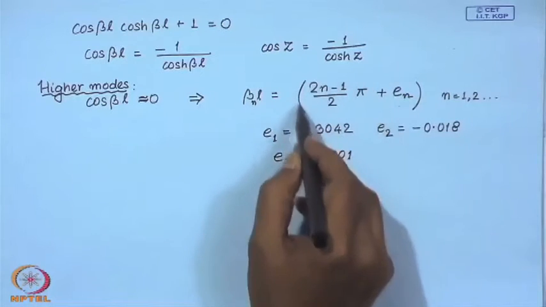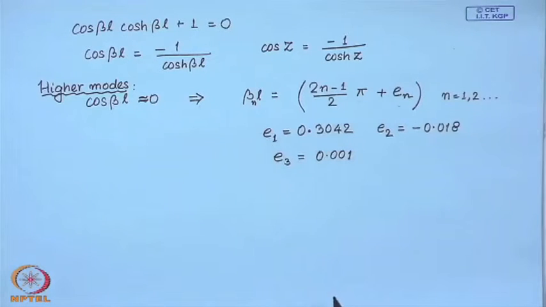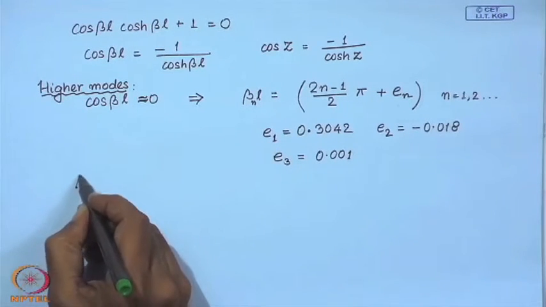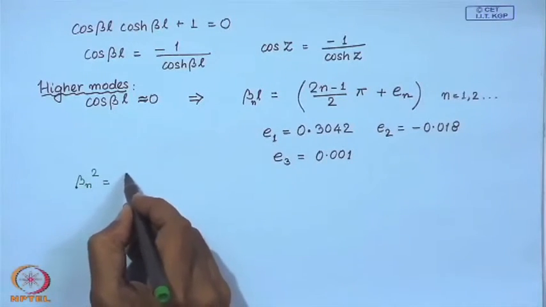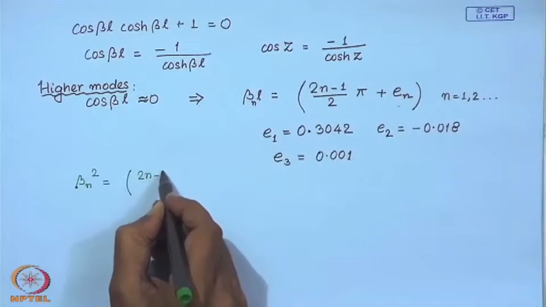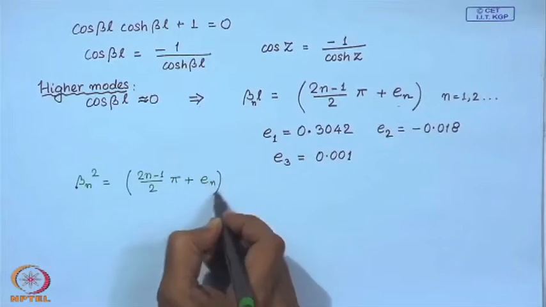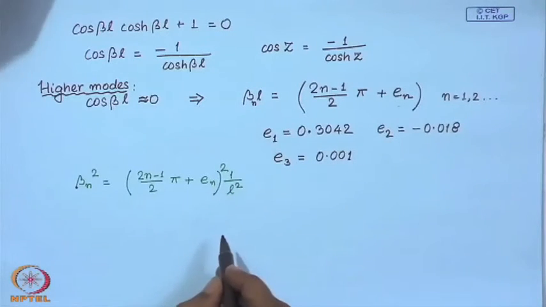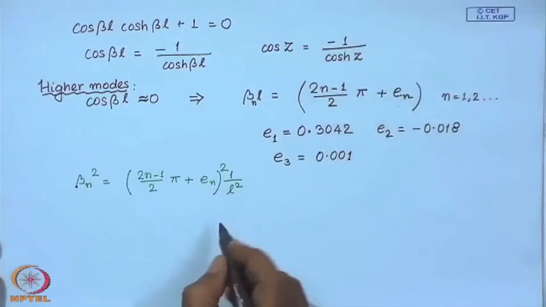So, for higher modes it suffices to use 2 n minus 1 over 2 times pi as beta n into L. Now, beta n square is therefore, and as you know, we have looked at this beta.